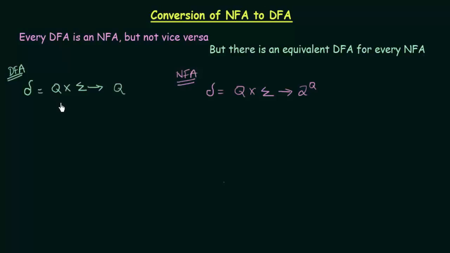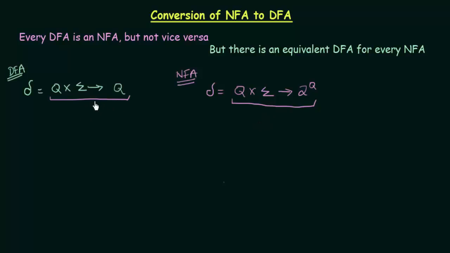So if you look carefully, you can see that Q cross sigma to Q, this part, is contained in this part, Q cross sigma to 2 power Q. Q is also a part of 2 power Q. I hope you're getting what I'm saying, but 2 power Q is not a part of Q. So this is already contained in this.